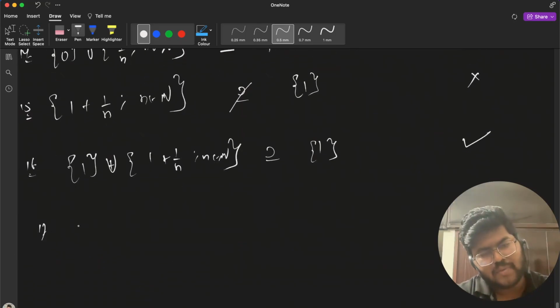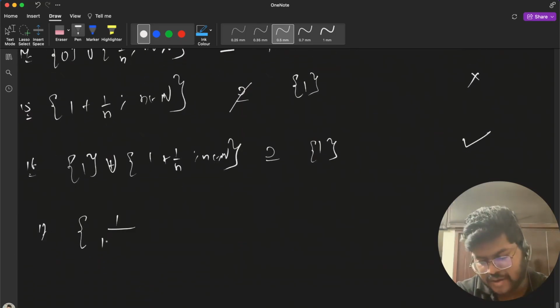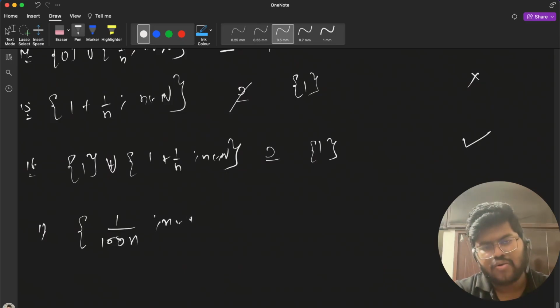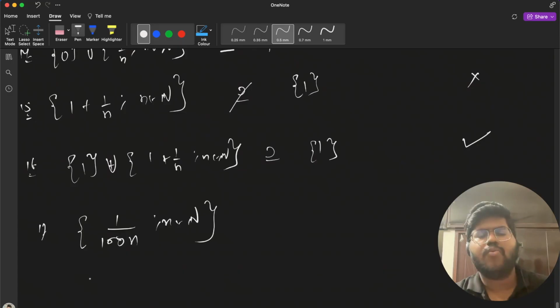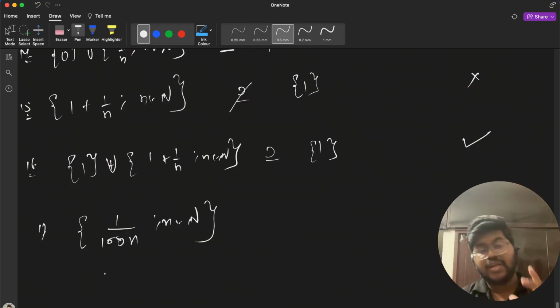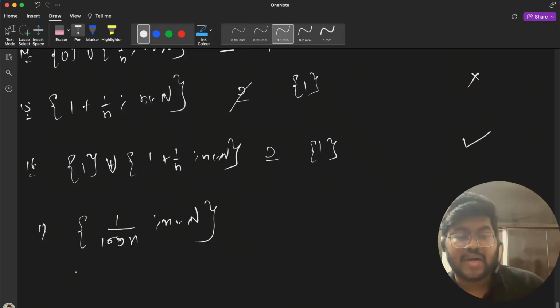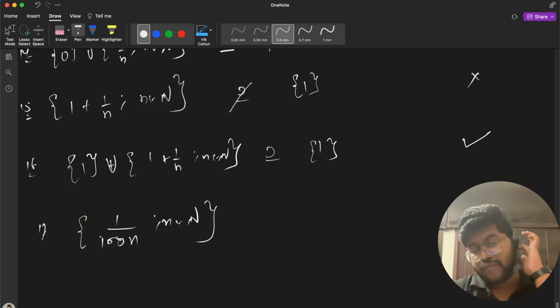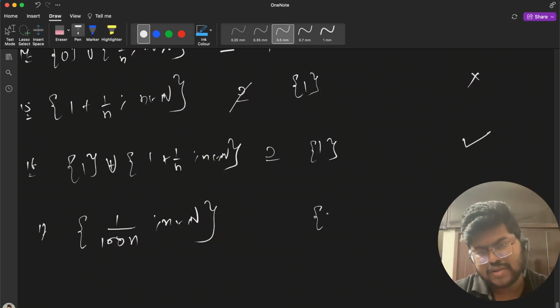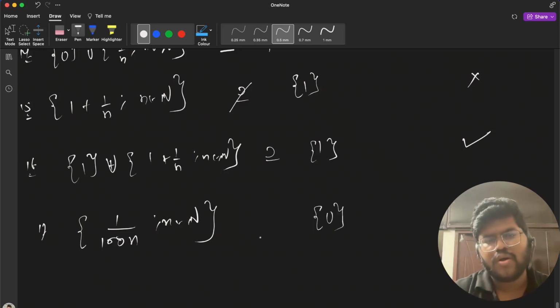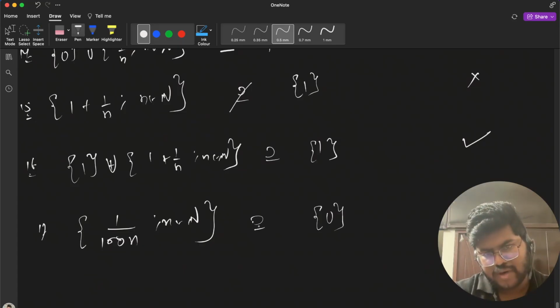Now let me make some more modifications to the set. Suppose 100n, n belonging to N. So let us see how the neighborhood works. We have seen in the concept of neighborhood how to calculate the neighborhood, and if each neighborhood has infinitely many values, it is a limit point, right? So if I say this, then 0 is a limit point, because only the 0 neighborhood has infinite values.